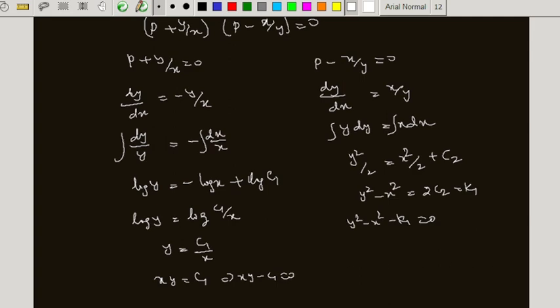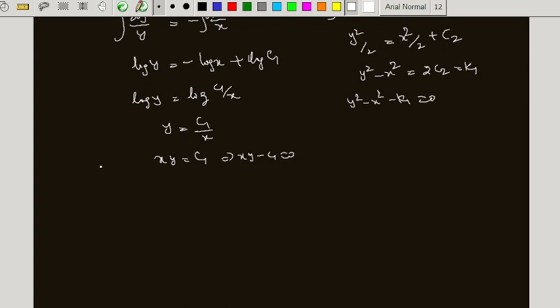Now we must multiply these two, we get the general solution. General solution is multiplication of these two, xy minus c1 into y square minus x square minus k1 equal to 0.